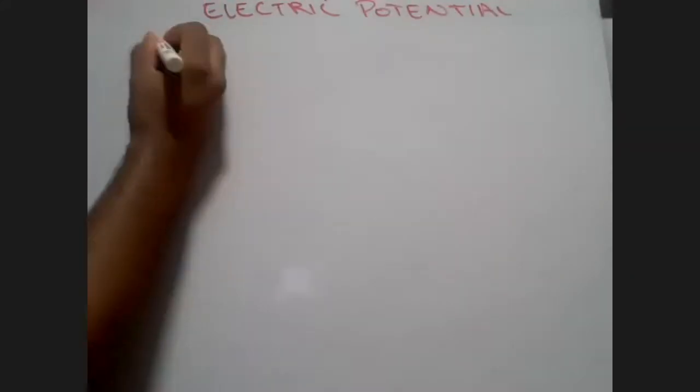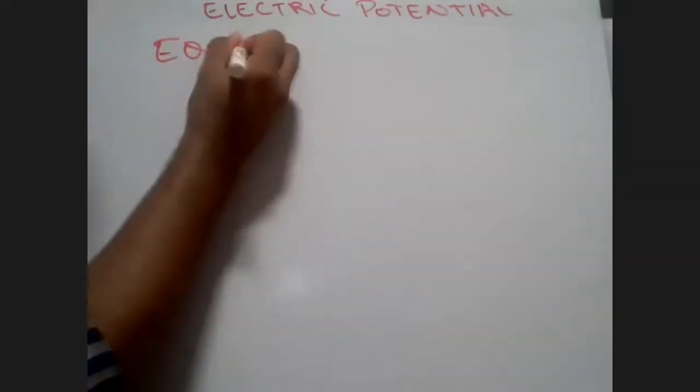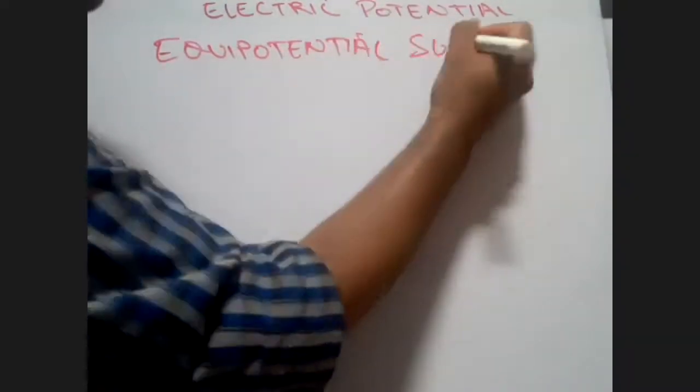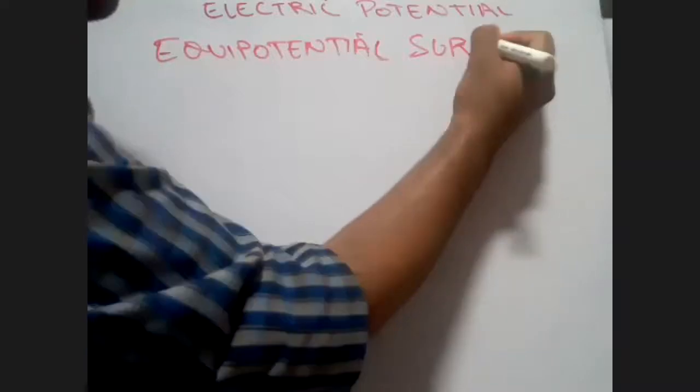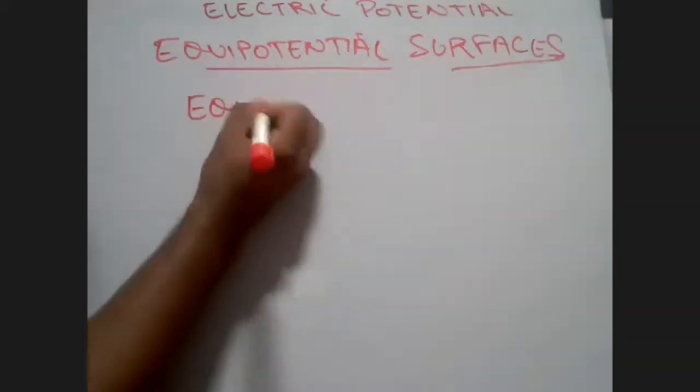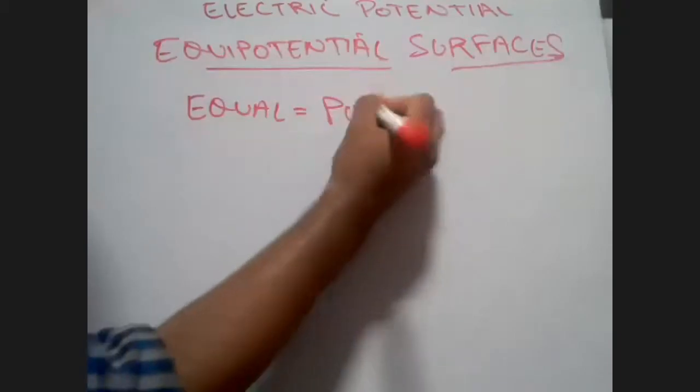Now, let's go to an interesting topic, known as equipotential surfaces. Does anyone have an idea what this means? Equipotential surfaces simply means that at every point on the surface, the potential is going to be equal, and that is why we name it equipotential. Equal potential at all points.